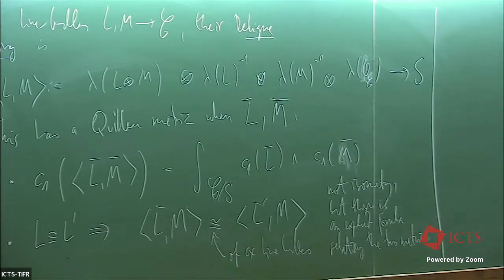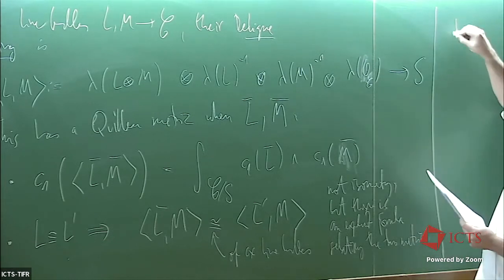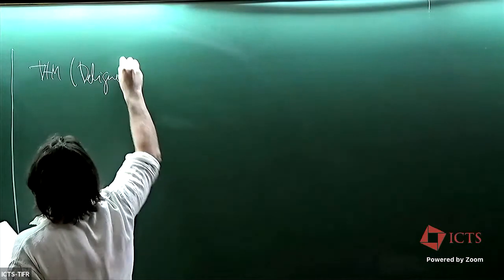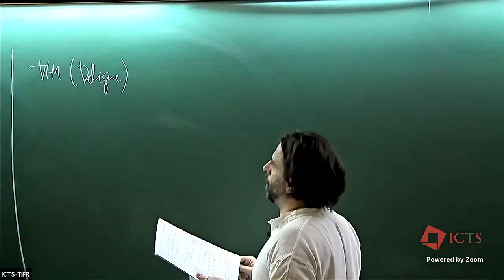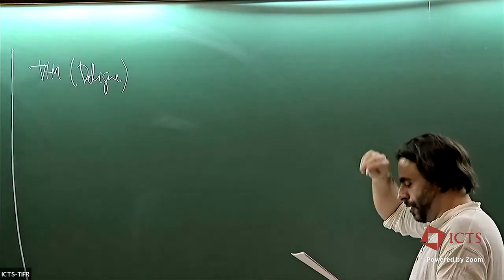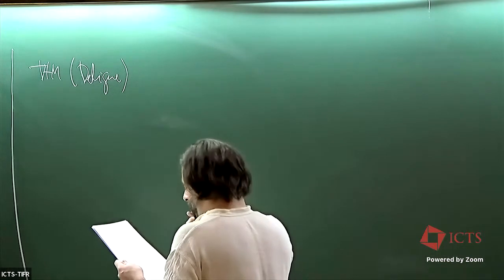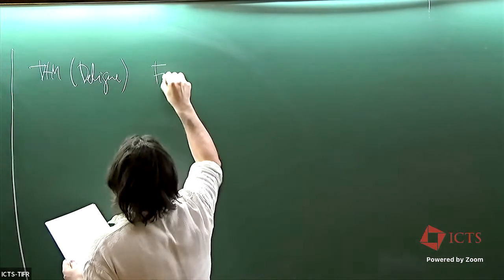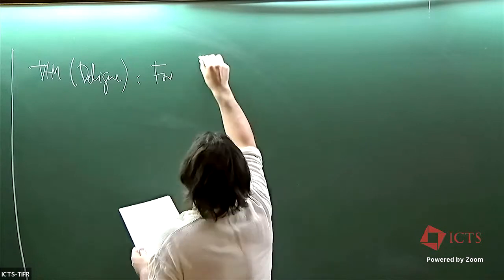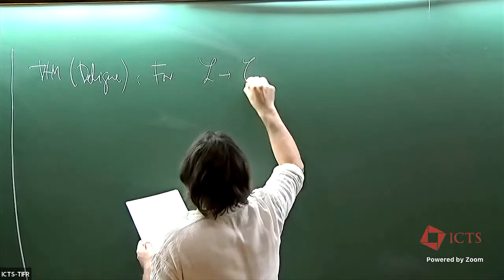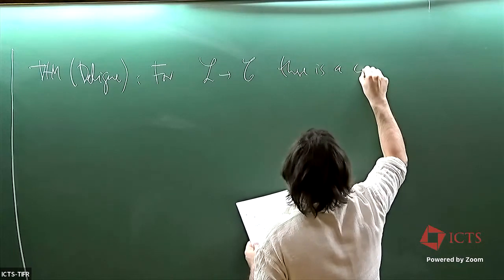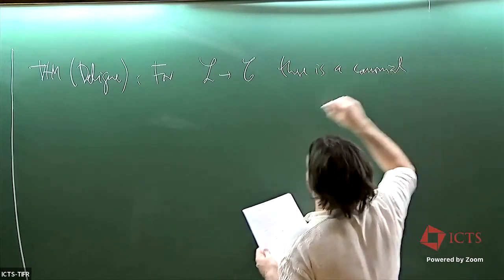It's packed in this theorem, which is due to Deligne; sometimes people call it the Riemann-Roch isomorphism. So there is a canonical isomorphism.